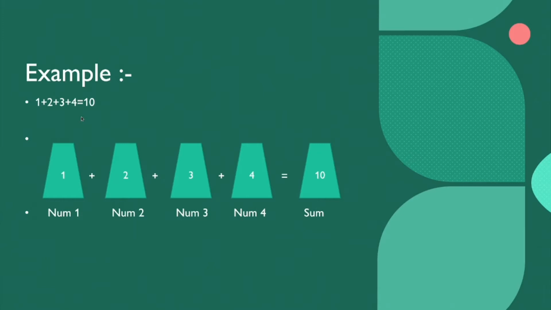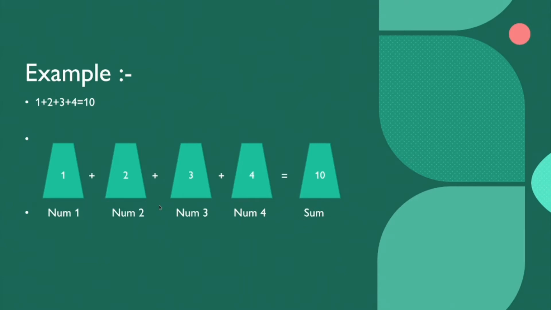You have to store them in variables and then store the result in another variable and then print it on the screen. So in our case, we have 5 variables: num1, num2, num3, num4 and one for printing our result, that is sum.